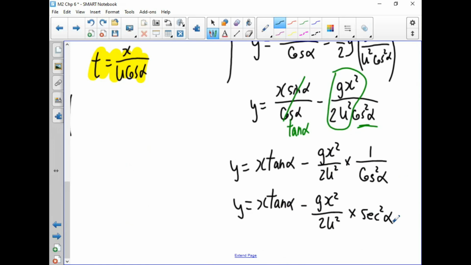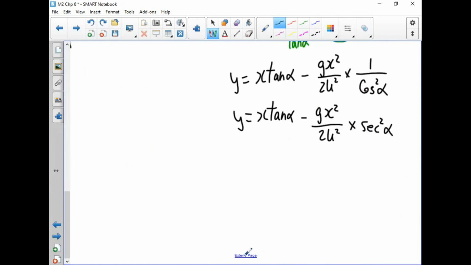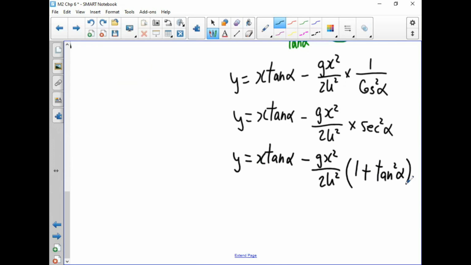Sec squared also equals 1 plus tan squared. So y equals x tan alpha minus gx squared over 2u squared times 1 plus tan squared alpha. That's the answer. Proven.